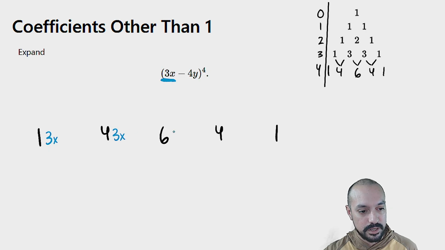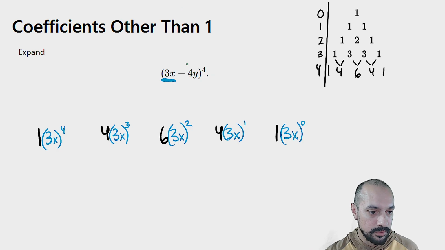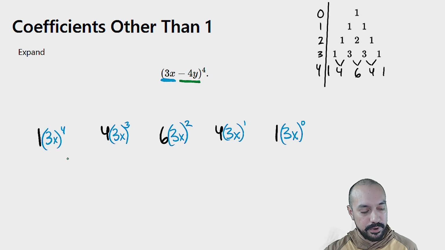3x, in parentheses, and I'll write the exponents on it. I'm writing more than I normally would if I was solving this for real, but I want to show you how the pattern persists throughout.